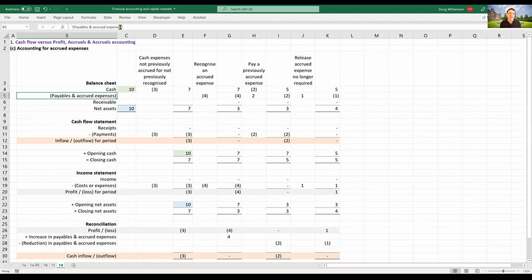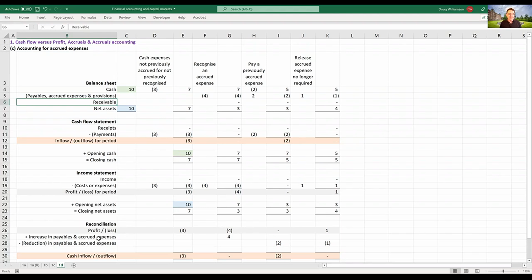Just for now, provisions are a form of liability. So they're another liability in our balance sheet. Payables, accrued expenses, and provisions. So another liability. And for this simplified balance sheet, we're just going to lump them together, aggregate them with trade payables, short-term accrued expenses.